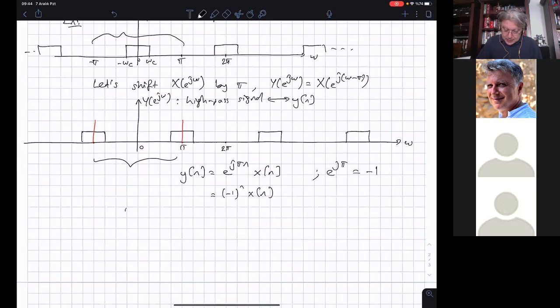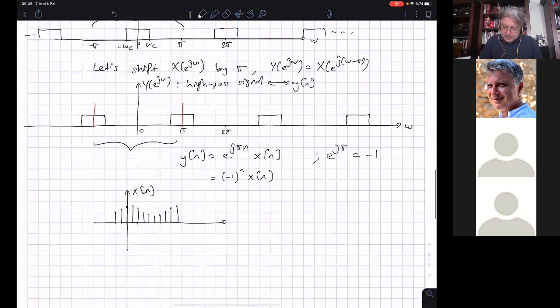Suppose that x of n is a smooth discrete time signal. It is discrete time, but it is low pass, so its oscillations are relatively few, some smooth variations. This is x of n.